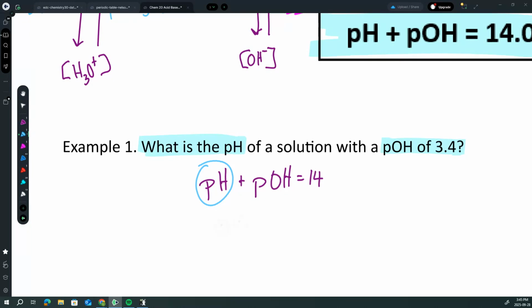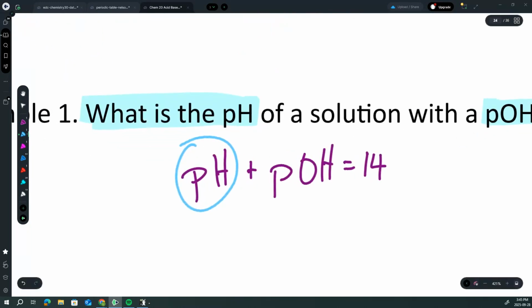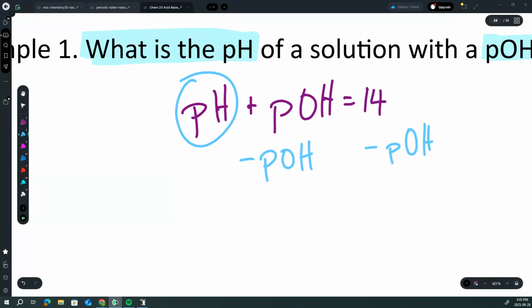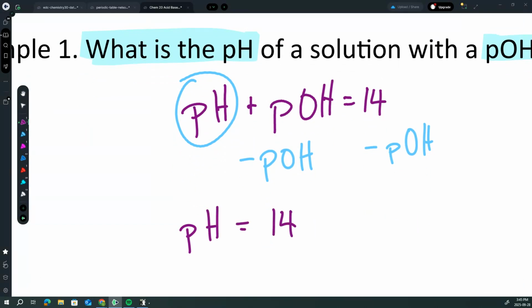Mathematically, what is pOH doing to pH? Well, it's adding. So the opposite of adding is subtracting. So I'm going to subtract pOH, and what you do to one side, you have to do to the other side to keep everything equal. So pH is equal to 14 minus pOH.